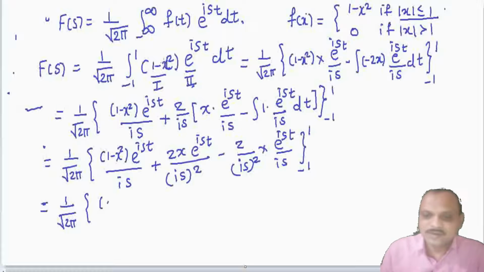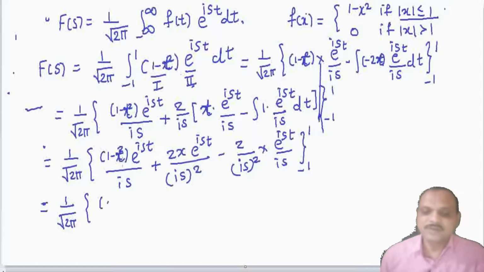So this is t, this is t, here t, this will be t. So instead of x, the function is with respect to t, so we have to replace the value of t. Now when we put t equal to 1, this is equal to 0. So the first term is 0.